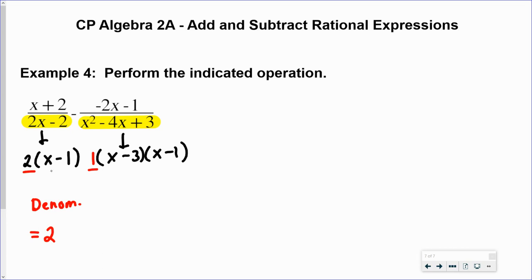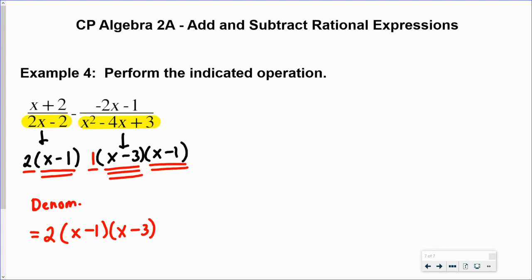And look at the next factor from the first denominator, x minus 1. And it looks like we have that over here. Both of those are raised to the first power. So x minus 1 is going to be a factor of our denominator. And then if we look on the right-hand side, there's a factor of x minus 3. So that also has to be included in our denominator. So for this example, our common denominator is 2 times the quantity x minus 1 times the quantity x minus 3.